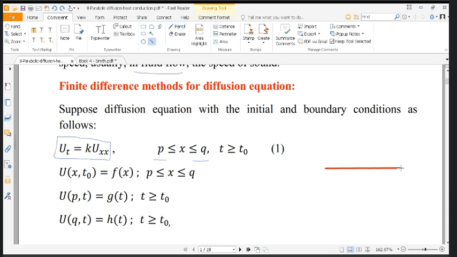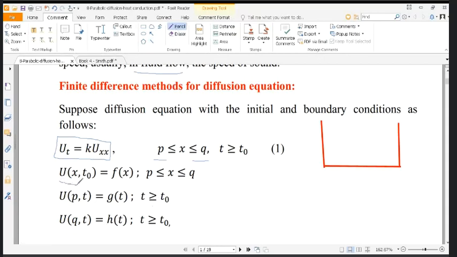This line is for the initial condition. And we need a boundary condition for the left, and also a boundary condition for the right. So for the diffusion equation we need 3 boundary and initial conditions.